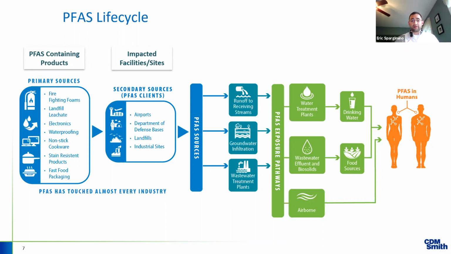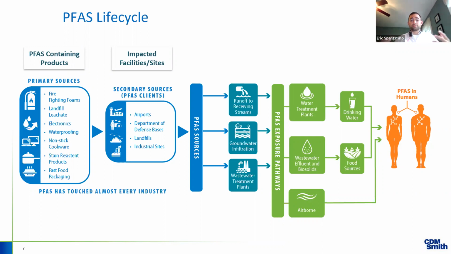Now, how do they get into the environment? Whether by use or by accident, they end up in runoff from receiving streams. They can end up in groundwater, whether it's from our own septic systems in our homes, to fertilizers that we irrigate into the lawn, to when we flush the toilet, that goes to the wastewater treatment plant.